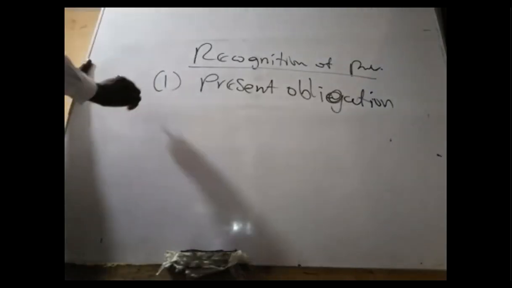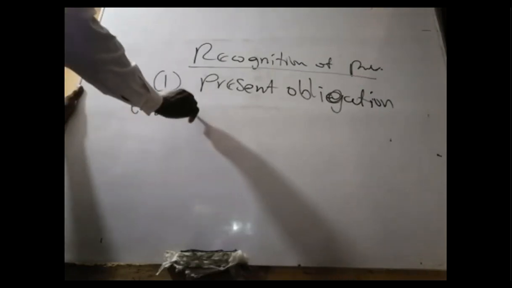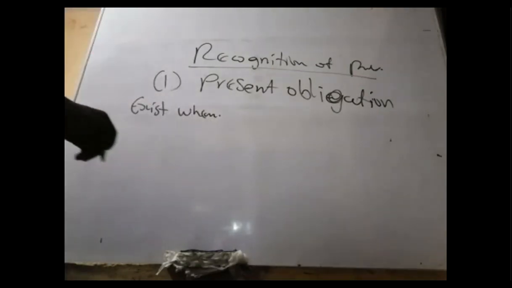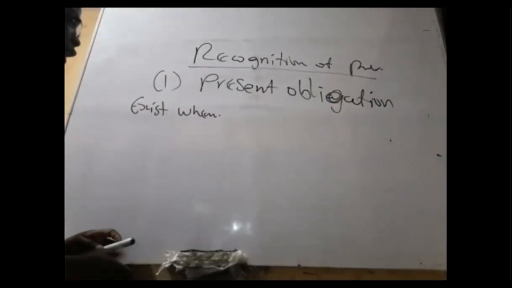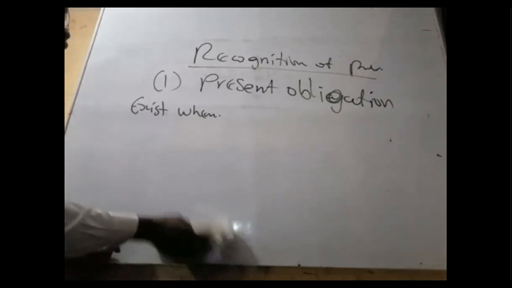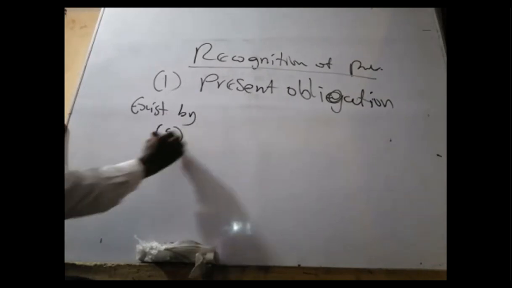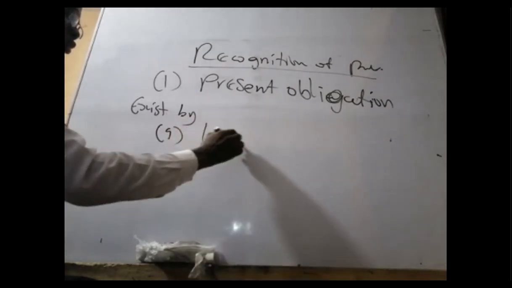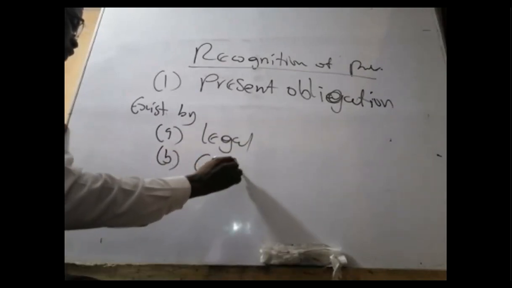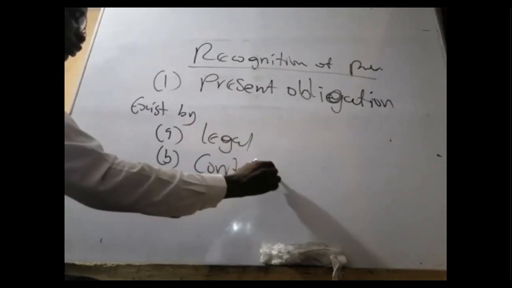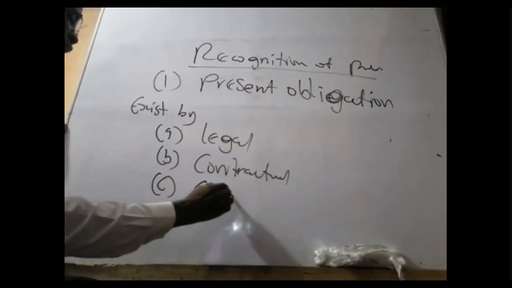Tell the examiner that a present obligation exists by A, legal, B, contractual, so through contract, and C, by what? Constructive.